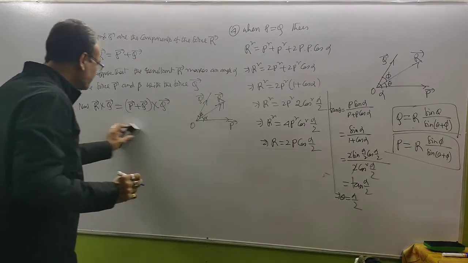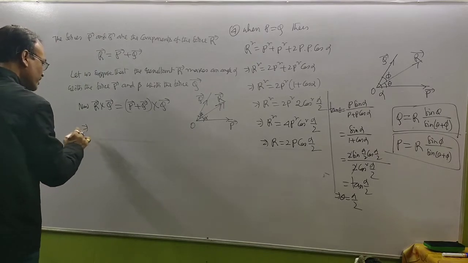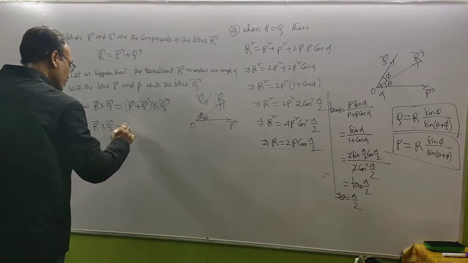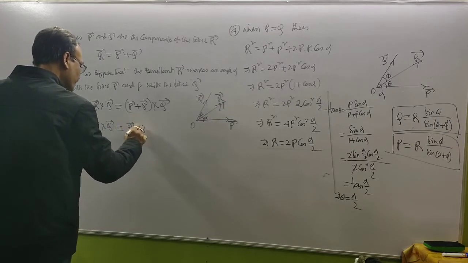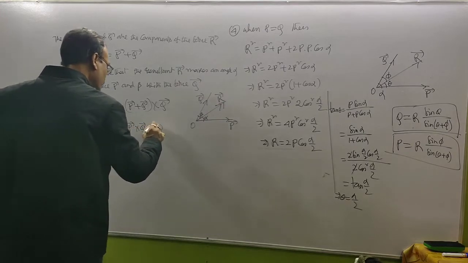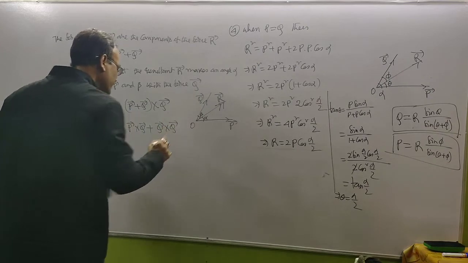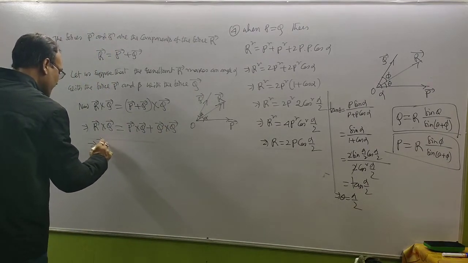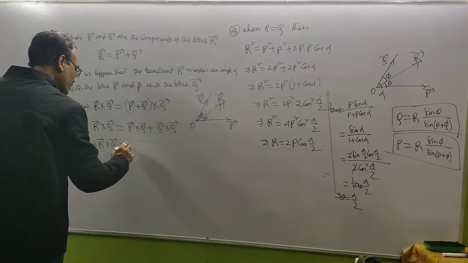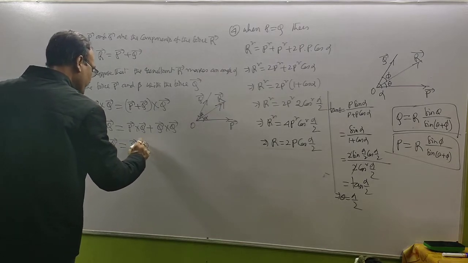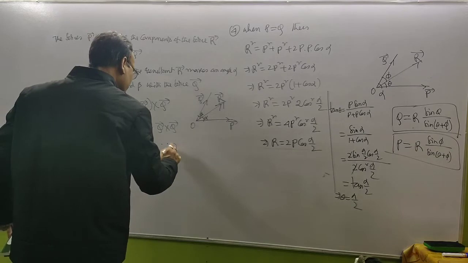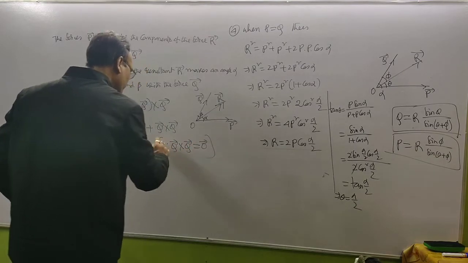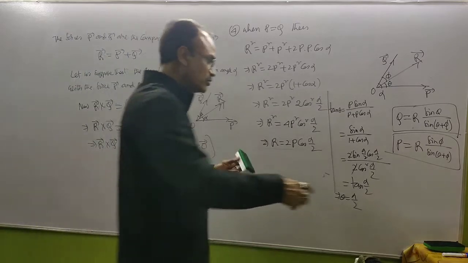You may write it like this: R cross Q is equal to P cross Q plus Q vector cross Q vector. These are forces. Therefore R vector cross Q vector equals P cross Q, since the cross product of two equal vectors is equal to the zero vector.